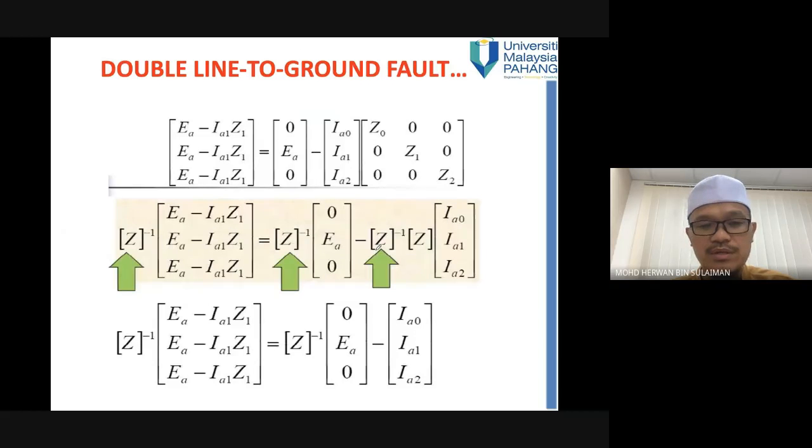So from here, because we want to eliminate your Z here, we multiply every equation by Z inverse. So that's why you put Z inverse here, as well as Z inverse here. So this one becomes unity. What is left is IA0, IA1, IA2. So this one is maintained.